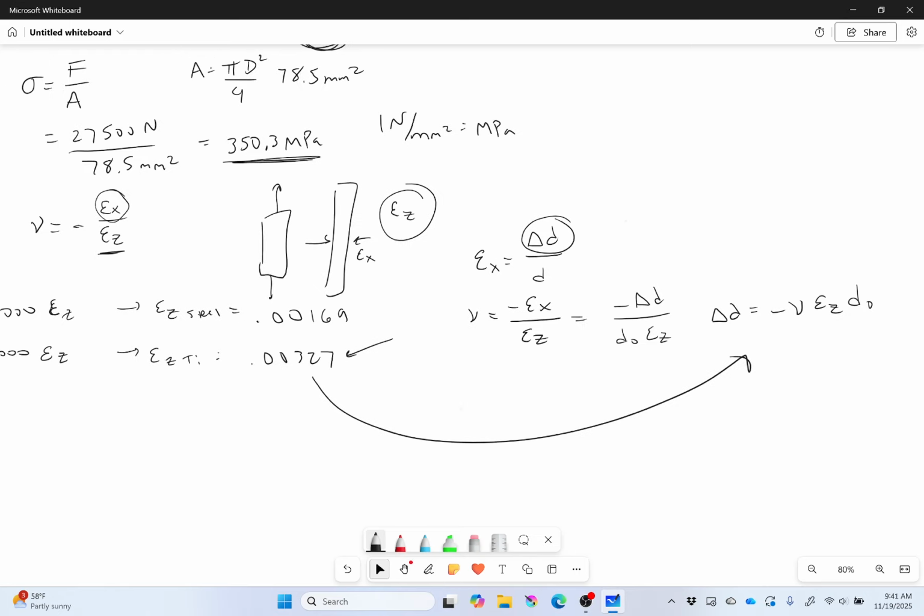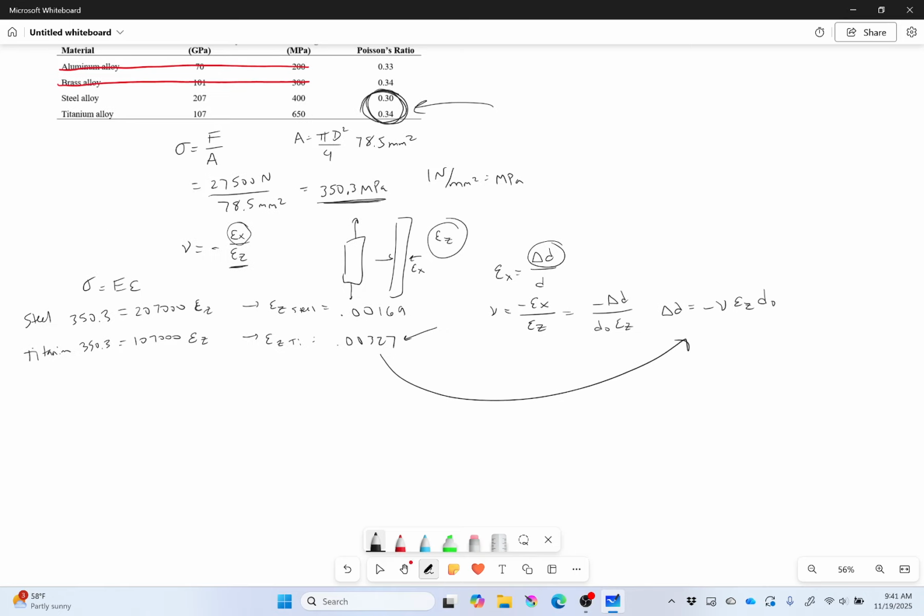I have to zoom out a little bit here so I can actually see my Poisson's ratio. That works good. So first off, let's do it for steel. So that's going to be equal to negative 0.3 times my strain in the z direction, which is 0.00169 times 10.